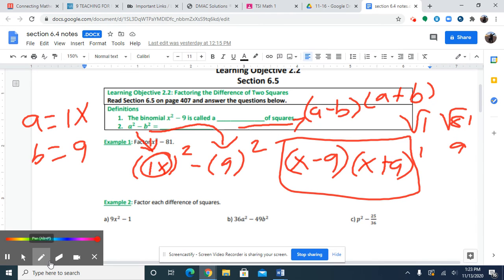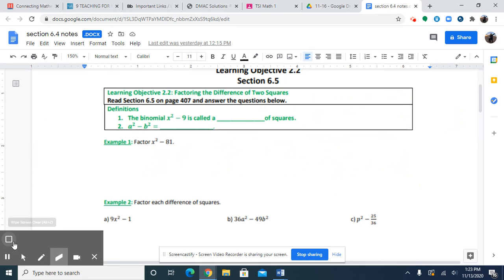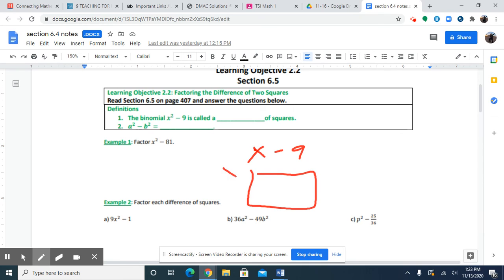And we could check this answer by multiplying back. So if we were to multiply the answer, which was x minus 9 and x plus 9, x times x gives us x squared. 9 times x gives us 9x, and negative 9 times x is negative 9x, and then 9 times negative 9 gives us negative 81.